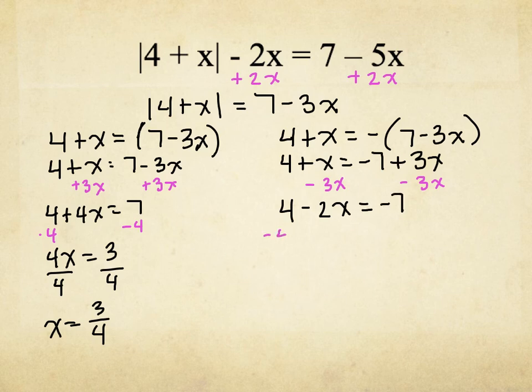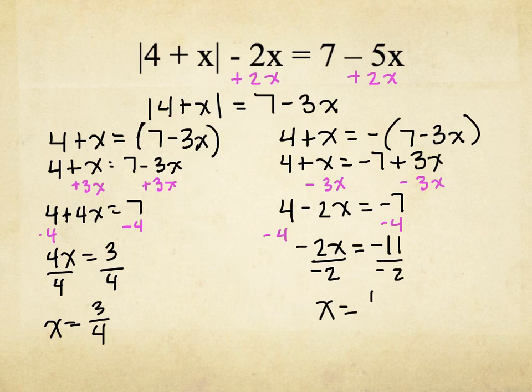And then I'm going to subtract 4, I get negative 2x equals negative 11. Divide both sides by negative 2. And I get x equals 11 halves, because two negatives make a positive.